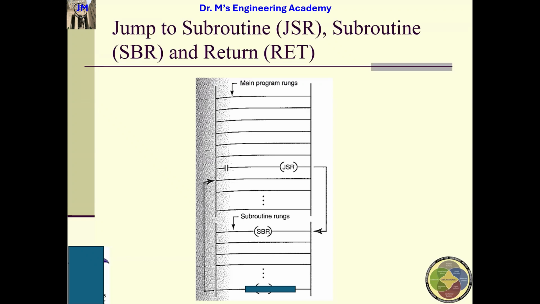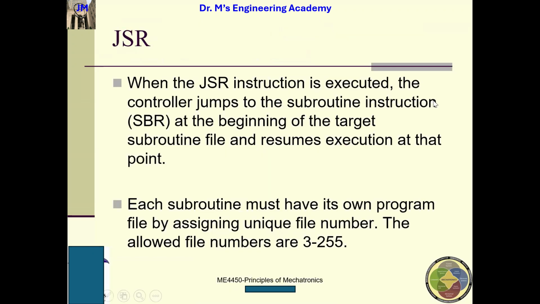Subroutines, they are functions. JSR, jump to subroutine. When the JSR instruction is executed, the controller jumps to the subroutine instruction at the beginning of the target subroutine file, okay, this is a file, and resumes execution at that point.